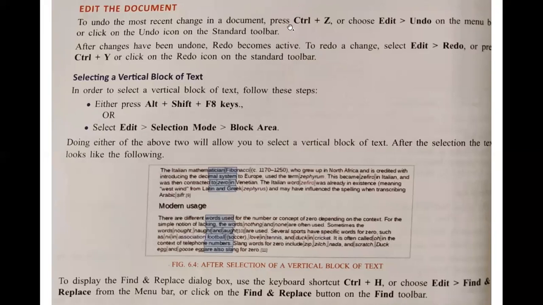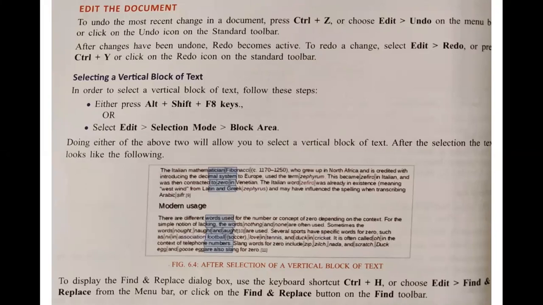What you need to press is Control plus Z, or you can choose Edit and then select Undo from the menu, or click the Undo icon on the standard toolbar. You will find the Undo icon in the standard toolbar. Similar to undo, we can do redo also.